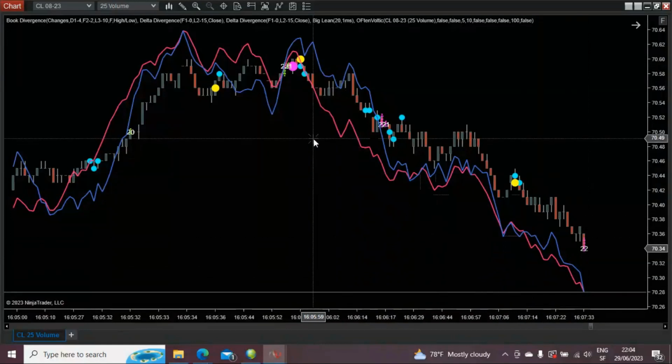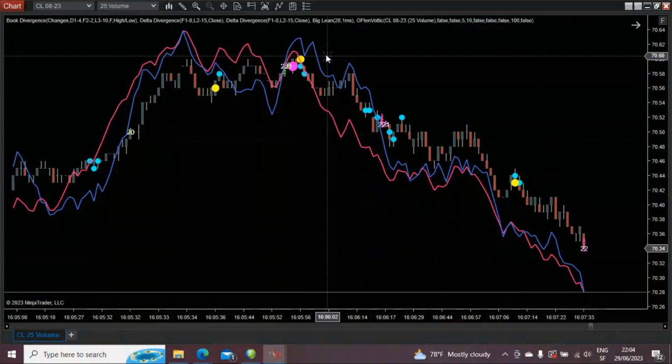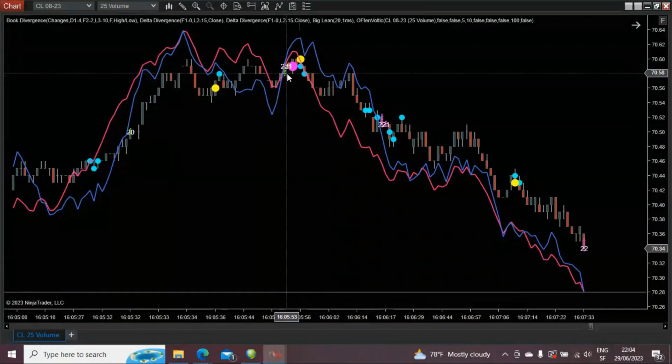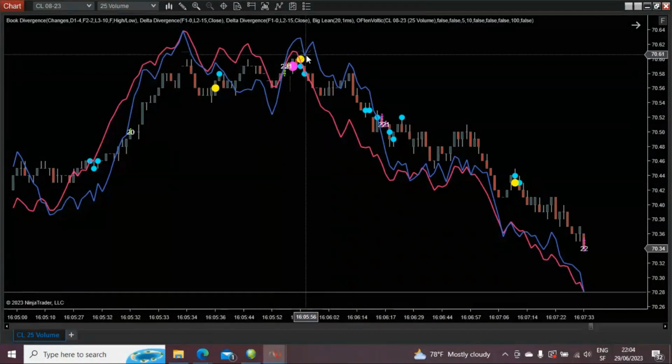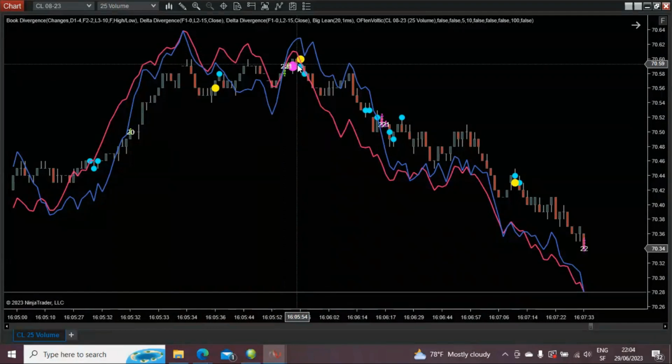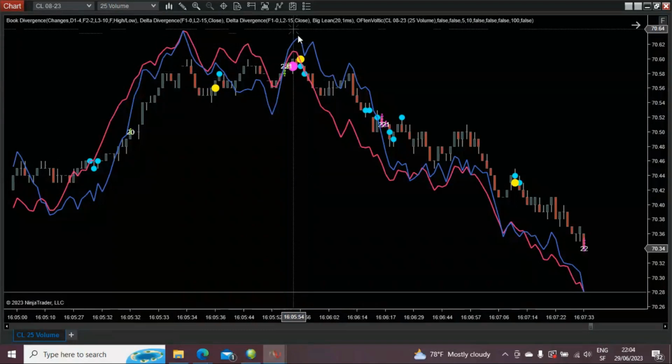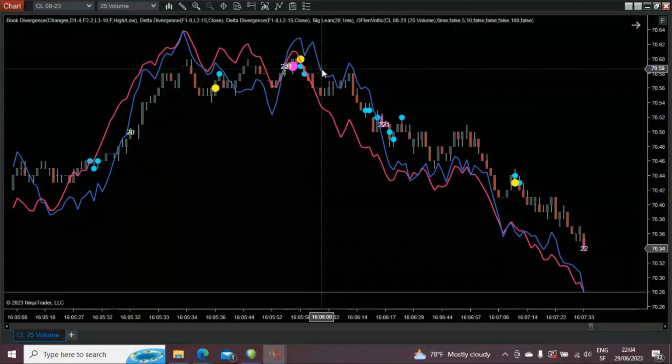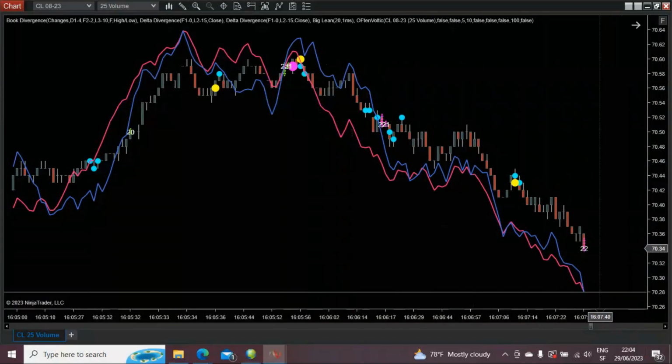25 volume. But here's an example of the sort of thing you could look for, where we have a cluster of Voltics at this top edge, and the deltas have been moving up, but when they start moving down, unfortunately, I don't have the book line on this chart because I had to restart Ninja.